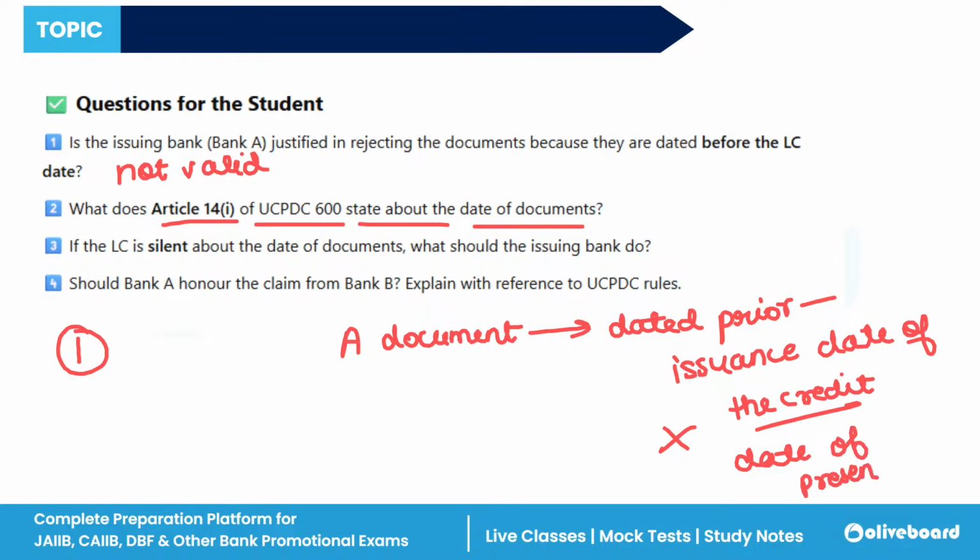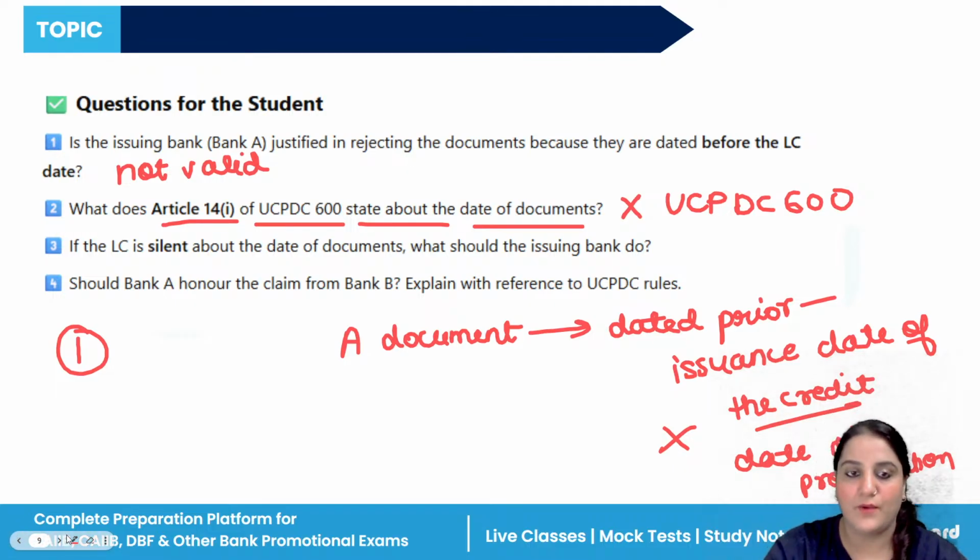So unless the LC specifically prohibits documents dated before the LC date, there is no discrepancy under the UCP DC 600. Clear? So this is our second question answer.